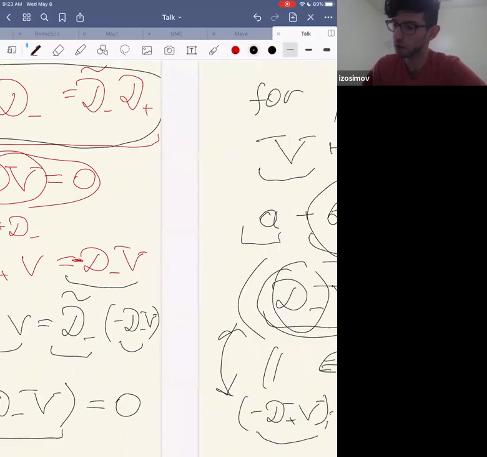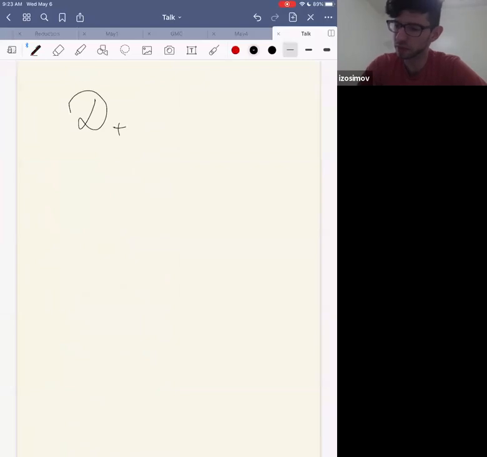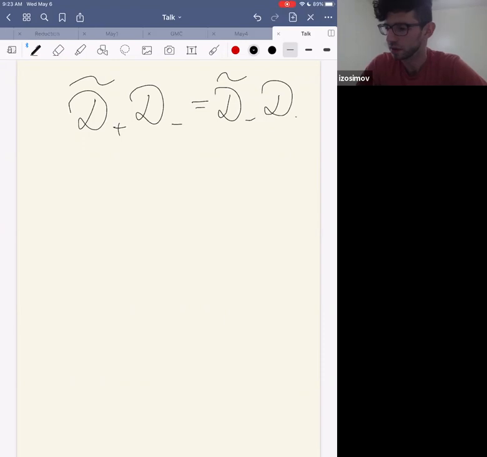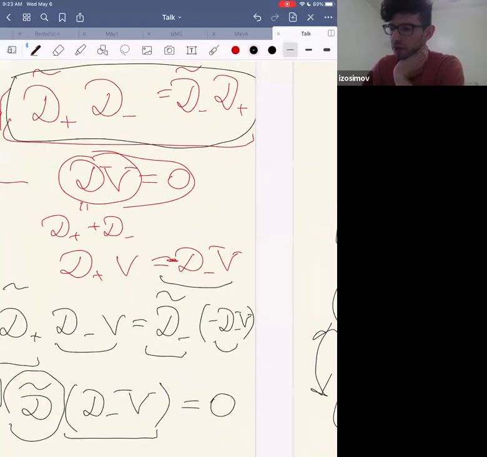Okay, so now we've realized that the pentagram map in terms of difference operators is this equation. As I said, this implies the Lax form for the pentagram map.